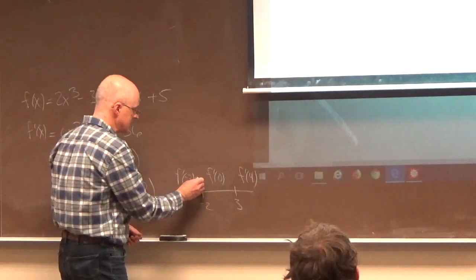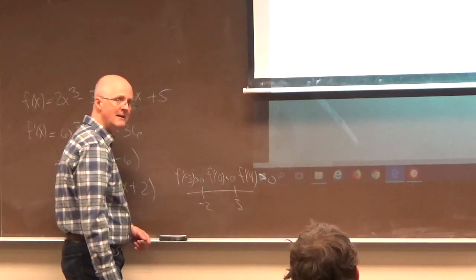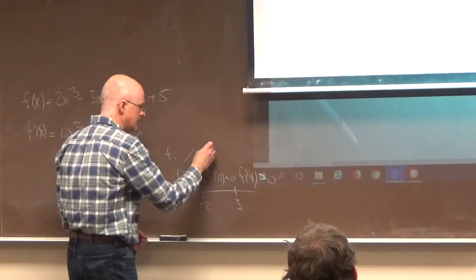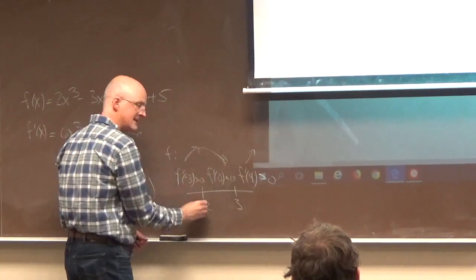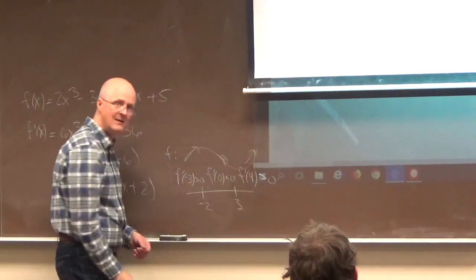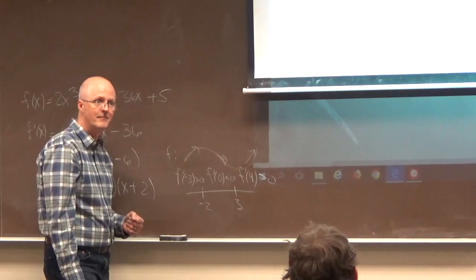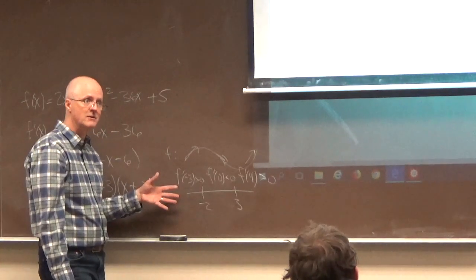It'll turn out this one is positive, this one's negative, this one's positive. That means f itself is increasing over here, decreasing in here, and increasing here. There's got to be a local max at -2 and a local min at 3. And you can use your calculator's graph to double check it. But that's how to show your work with this kind of picture.